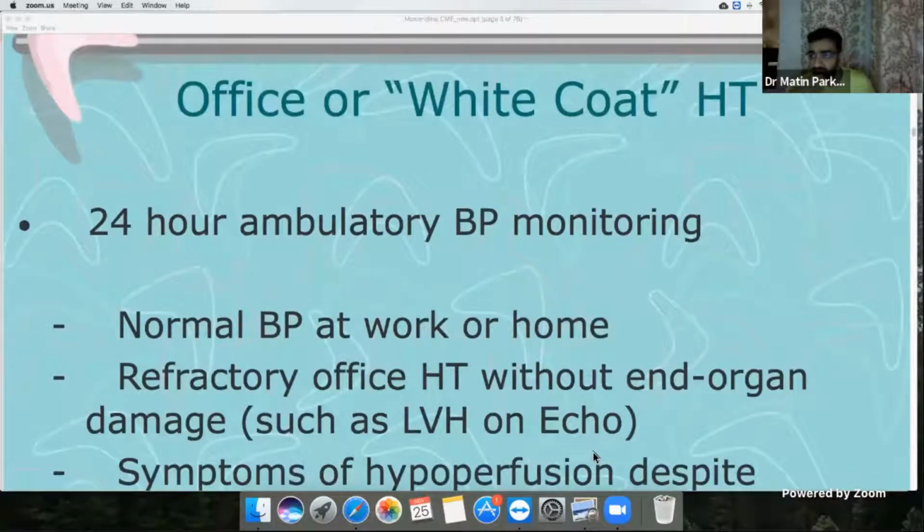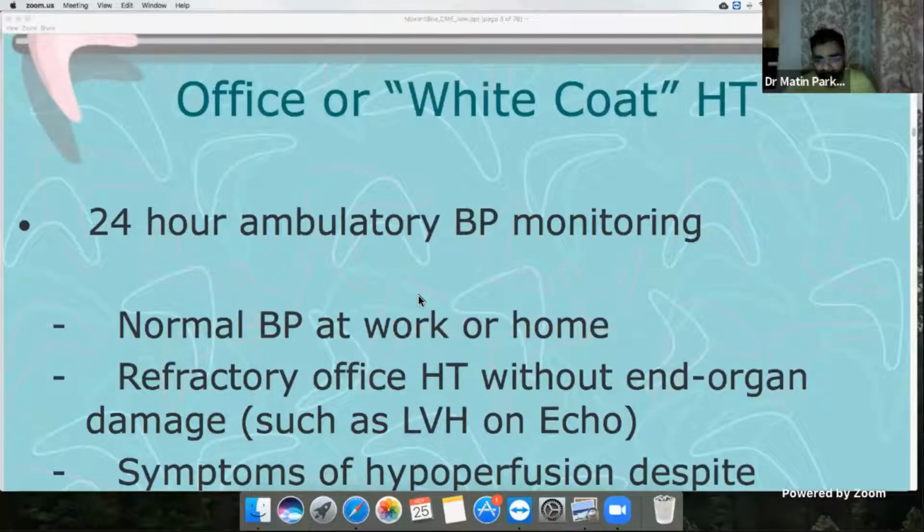For managing this, we should do 24 hours ambulatory BP monitoring. If only the readings when the patient is visiting the hospital are high, then it is called white coat hypertension. Otherwise, if all the readings are normal, that is to be ignored, or reassurance should be given to the patient.